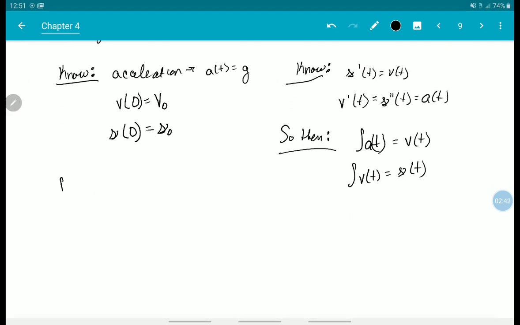So let's do it. If we integrate acceleration, and I'm just going to use A for acceleration here, keep in mind we're doing everything with respect to time, because we're talking about how long something falls, or if we throw something off a building, how long does it take to reach the ground?